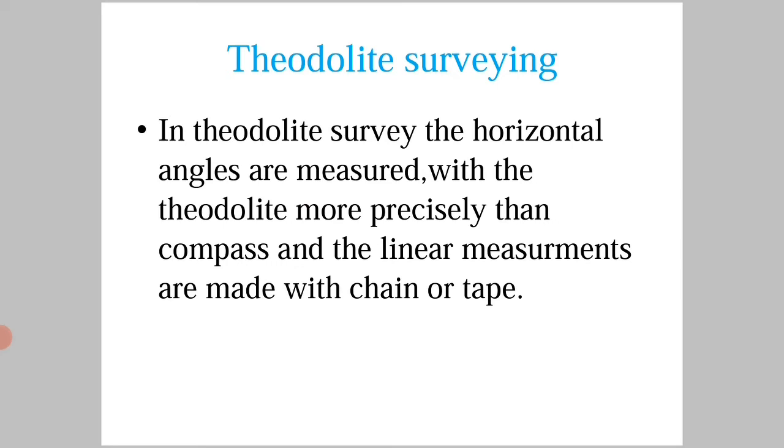It is used to find the horizontal and vertical angles, and it can rotate along its horizontal or vertical axis. And the advantage of this type of survey is that it takes accurate angular measurements.